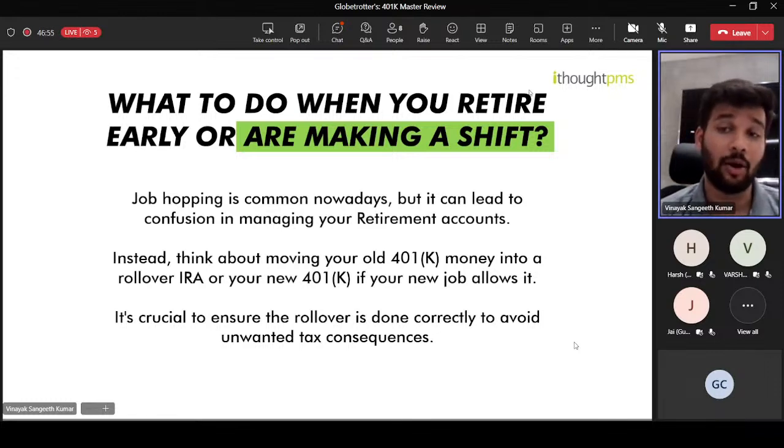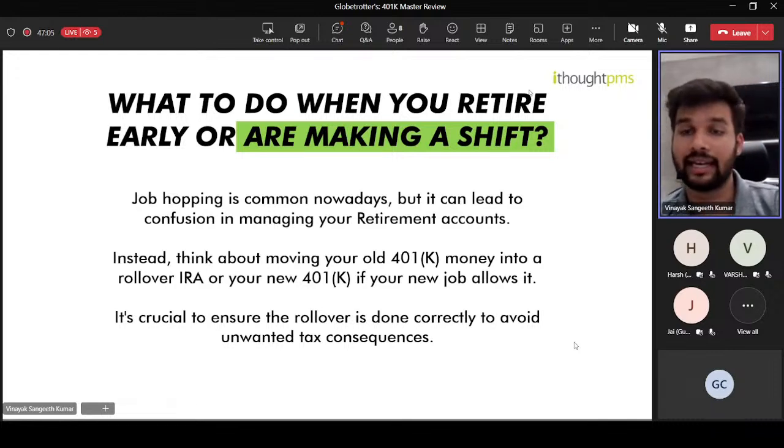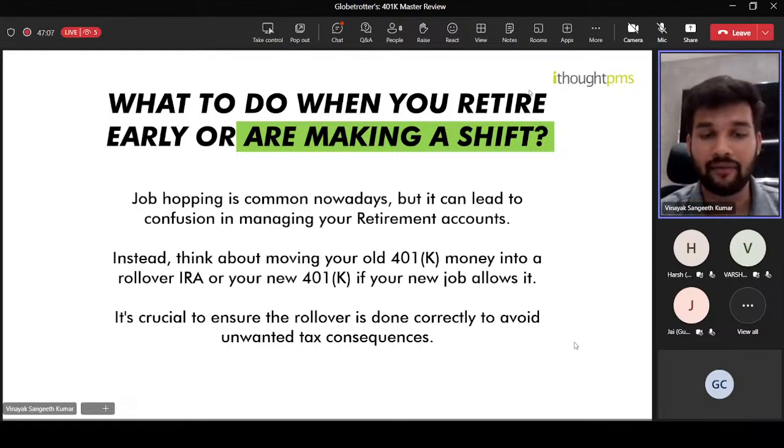You will still be able to change the allocation, but it's important to contribute, and hence rolling it over to a new IRA account would be beneficial. It's also crucial to ensure that the rollover is done correctly to avoid any unwanted tax consequences. So that would be one thing.